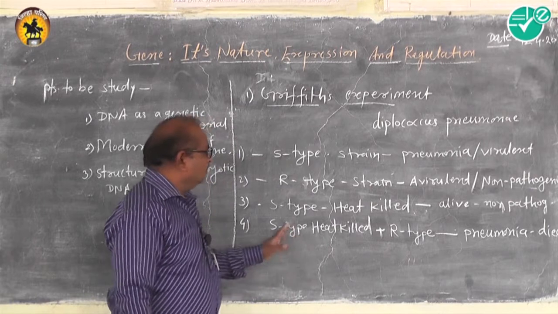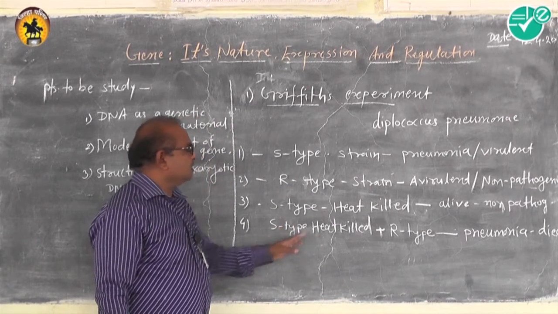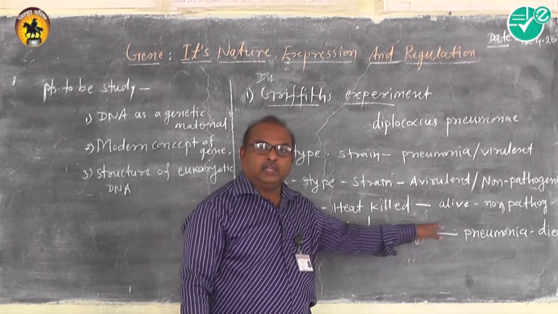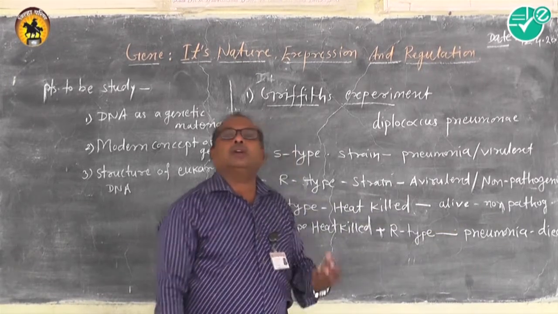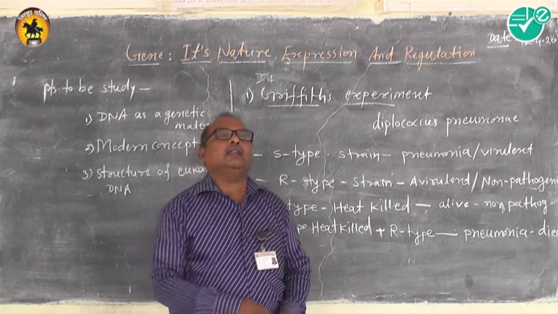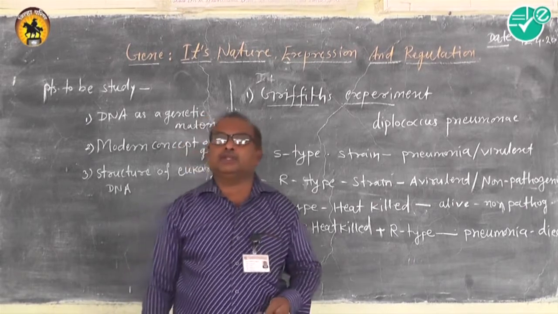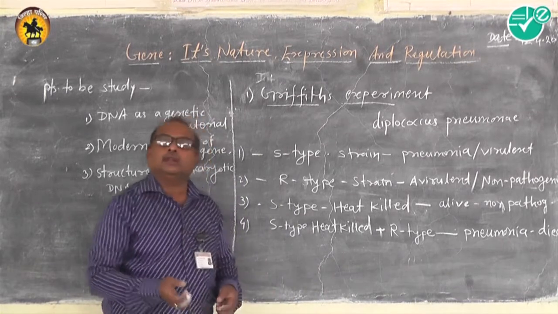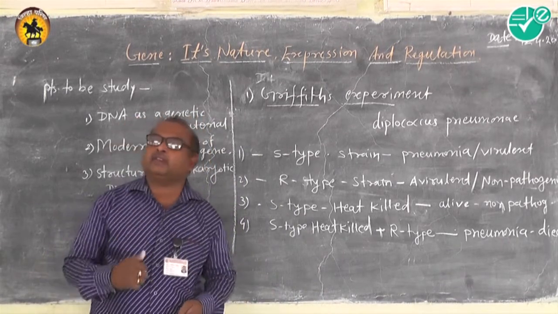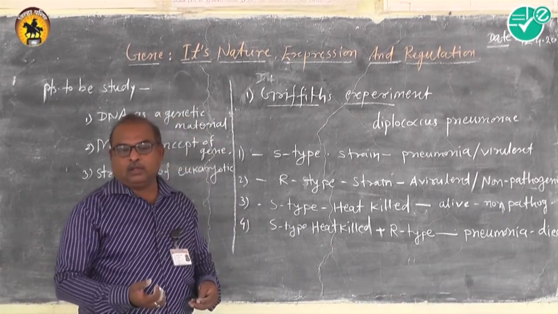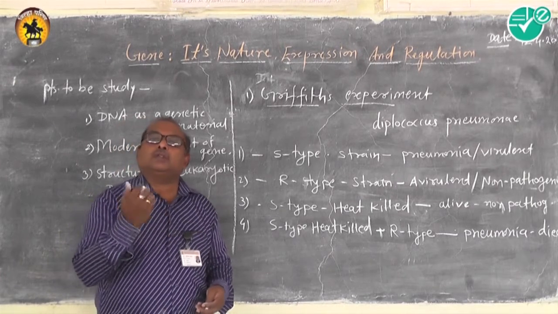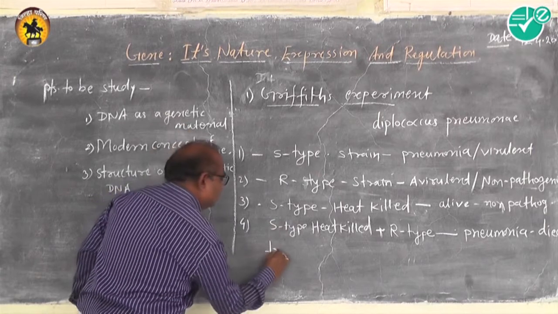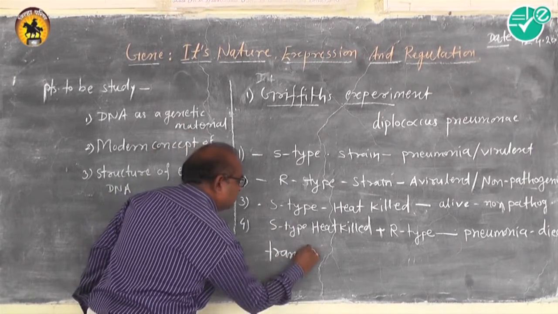But what happened when the mixture of heat-killed S-type and live R-type strain was injected, so that the mouse died? He finally came to the conclusion that something is transforming one form of the strain into another form, and Griffith called that the transforming principle.